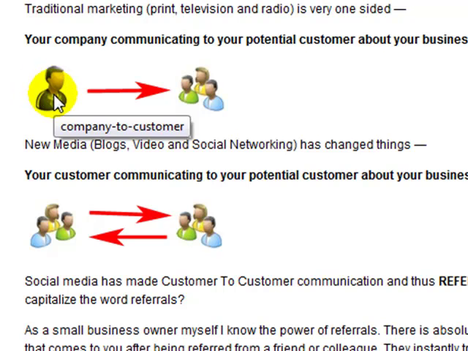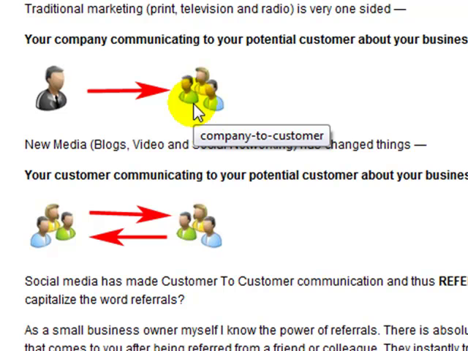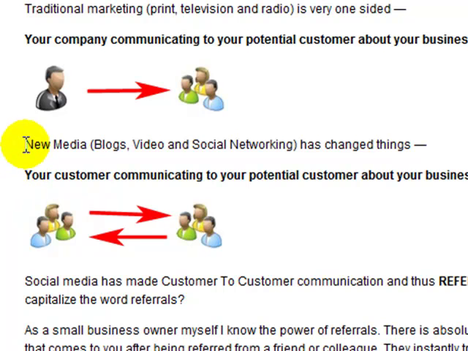You've got the company communicating with the customer about their business. And down here, we've got another representation, which is represented by new media like blogs, video, and social networking.